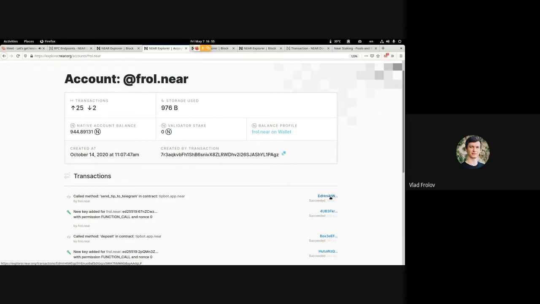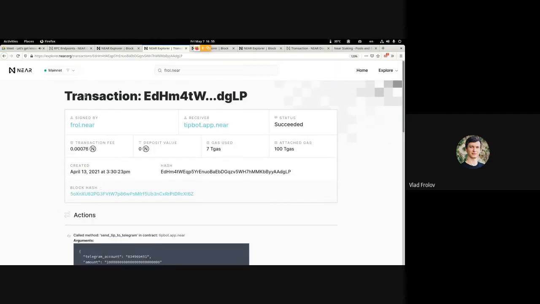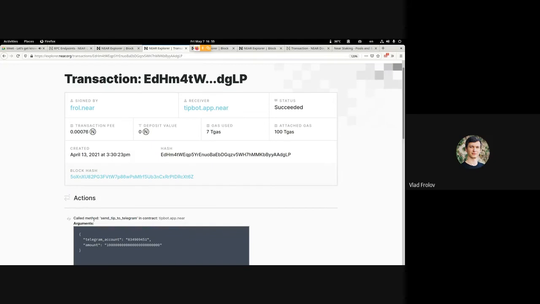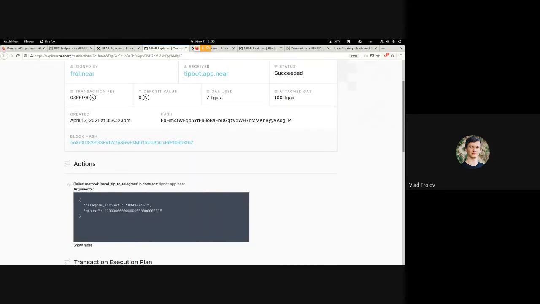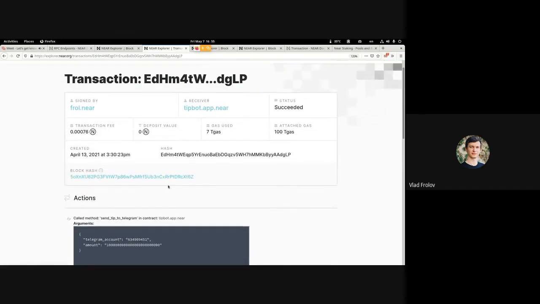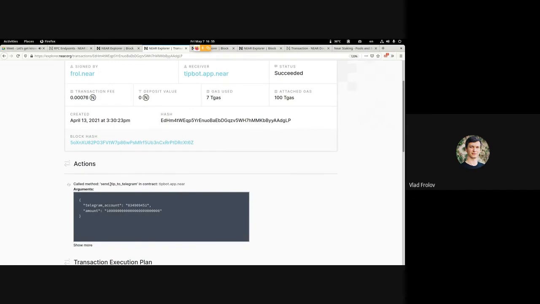Yeah, so there is another type of action that could be on a transaction, which is a function call, or a method call. When there is a contract deployed on some account, I can call some function on that account, providing arguments and the method name.